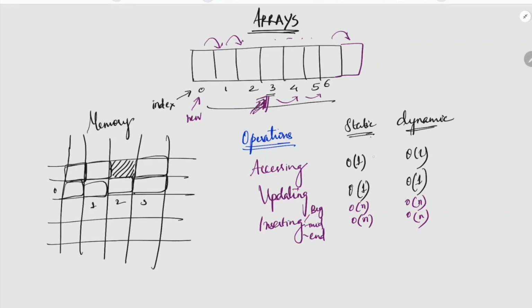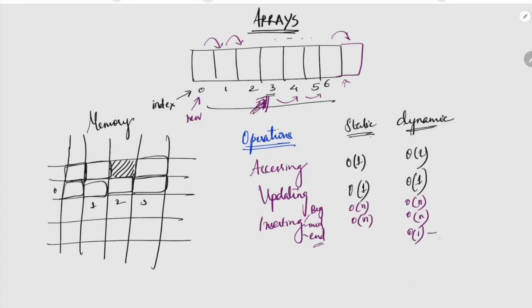And the place where there is a difference between static and dynamic arrays is when we insert at the end, because in case of dynamic arrays, as we saw earlier, the array size keeps doubling whenever we need more space. So we consider that to be an O(1) operation, because in the long run, when the array size is in thousands, you will need to double the size of the array only after performing a series of inserts.